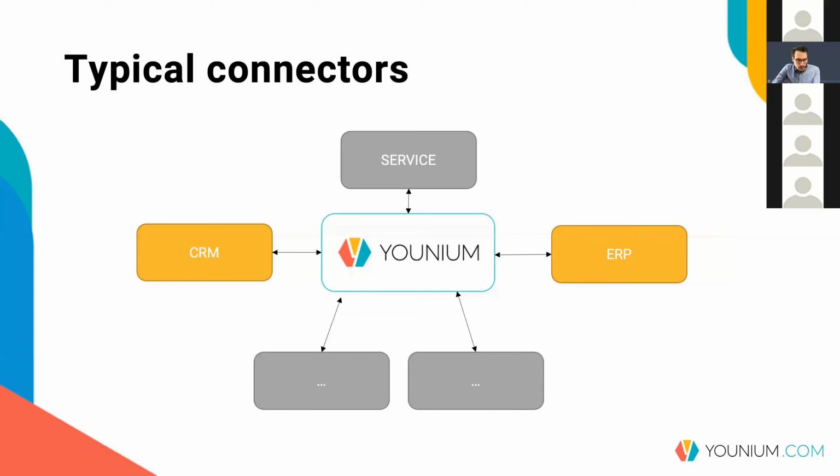If we look across all the customers where I have implemented subscription management, there are 3 platforms to begin with: the CRM and sales platform, the ERP platform, and your own service. And all of them have their own benefits and challenges, and that's what we will look at now in more detail. We start then with the CRM side.